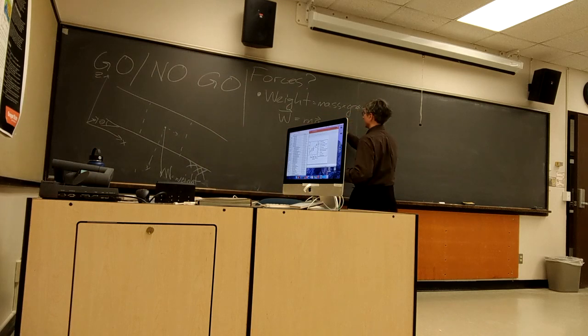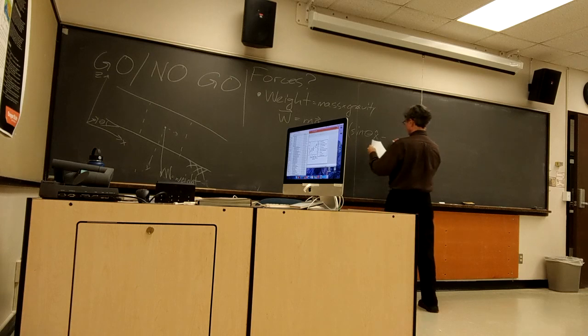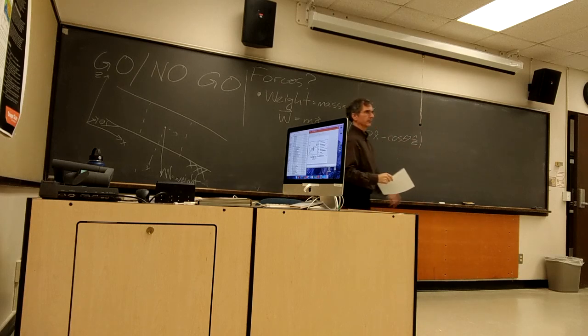So my vector here is the mass times the magnitude of the gravity times sine theta in the x direction, unit vector in the x direction, minus cosine of the slope angle in the z unit vector direction.